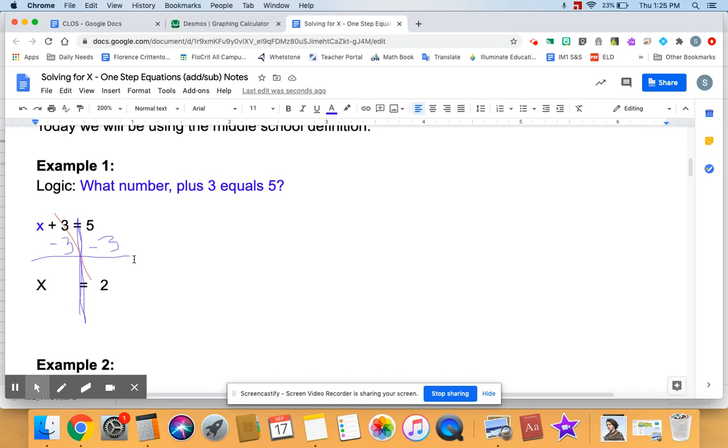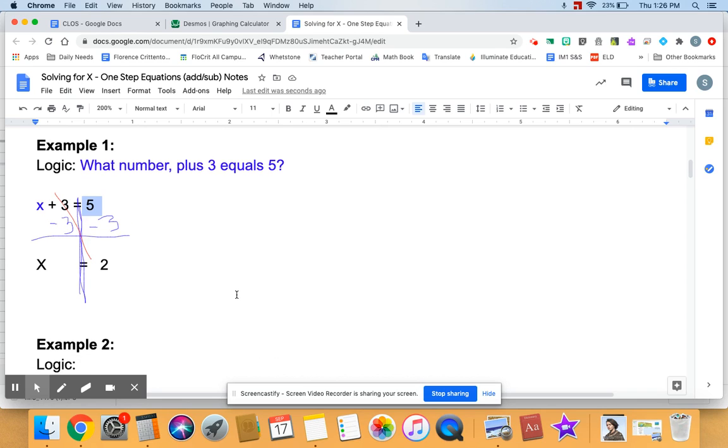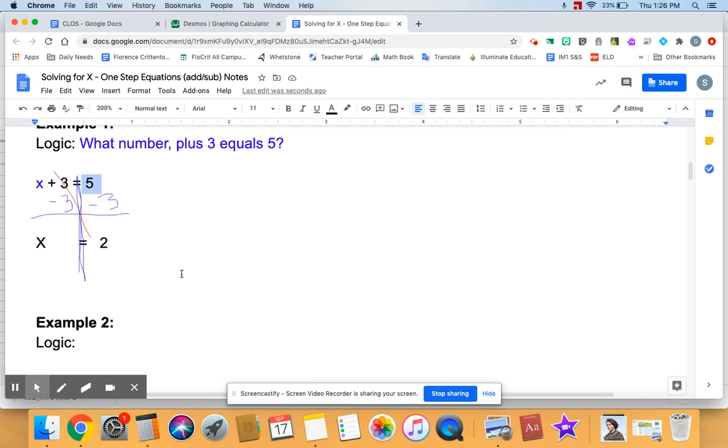Our goal when we solve for x is to figure out what x has to equal: what number do I have to put instead of x to make sure this side does equal whatever's on the right side? It has to be 2 in order for this to equal 5. Even though it's really easy to do logically, eventually it's going to get harder, so it's important to practice it the math way.